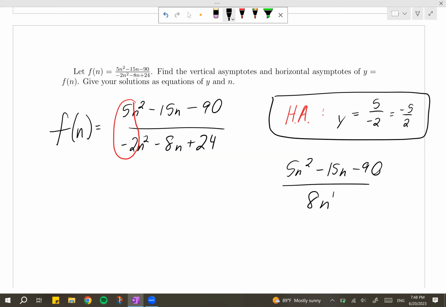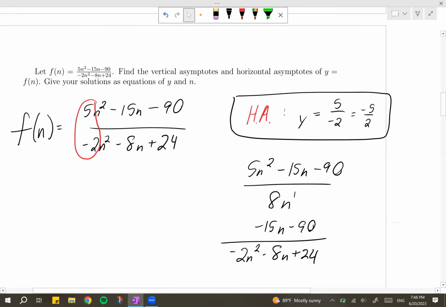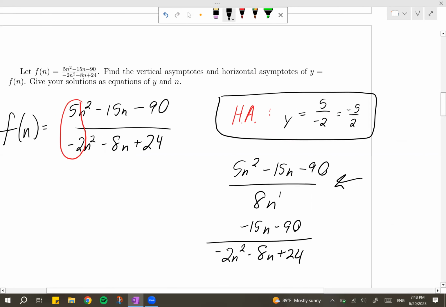And then if the degree of the denominator is bigger than the degree of the numerator, like if we had negative 15n minus 90 over negative 2n squared minus 8n plus 24. Alrighty, so in the previous case, we said that there is no horizontal asymptote.